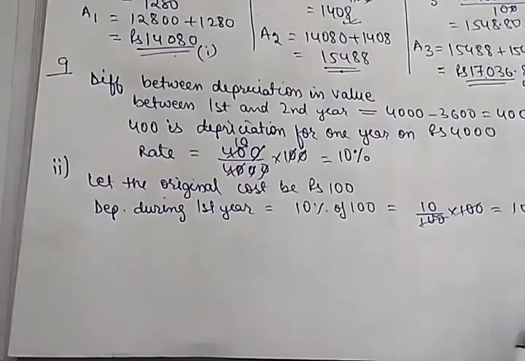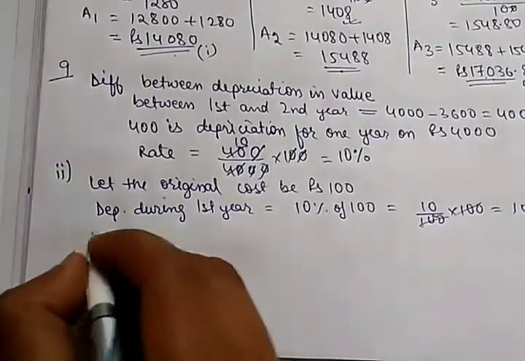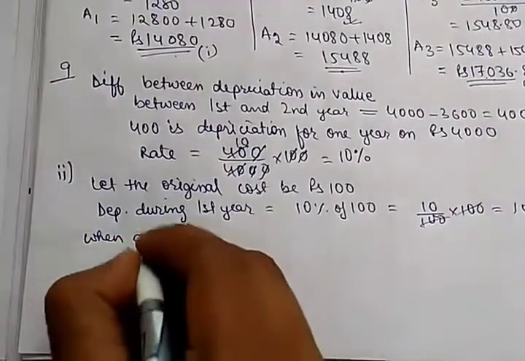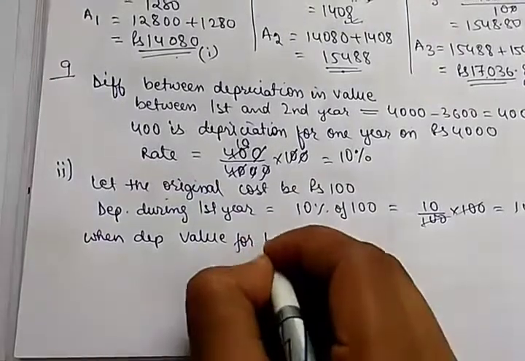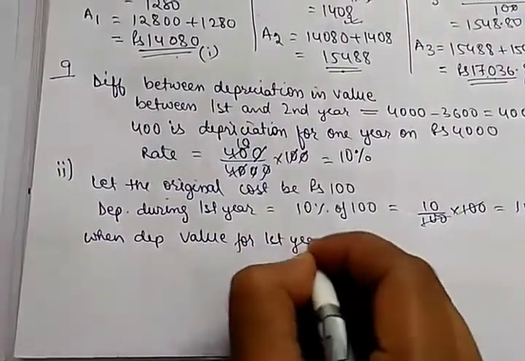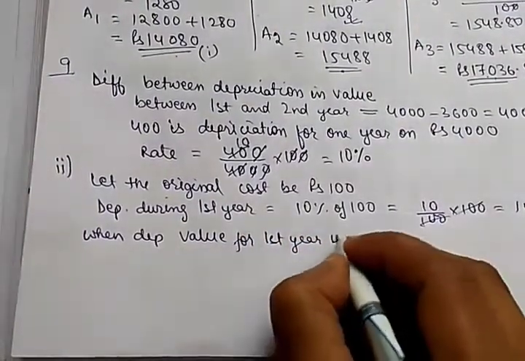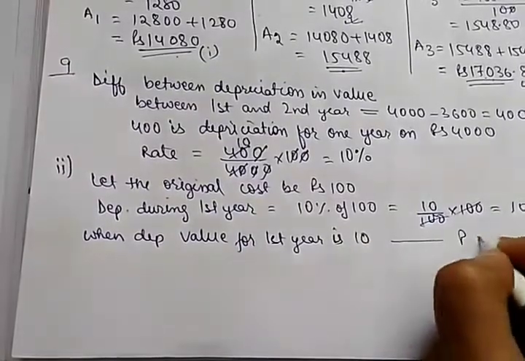So now see, now we will use the unitary method. When depreciation value for first year is 10, principal is 100.